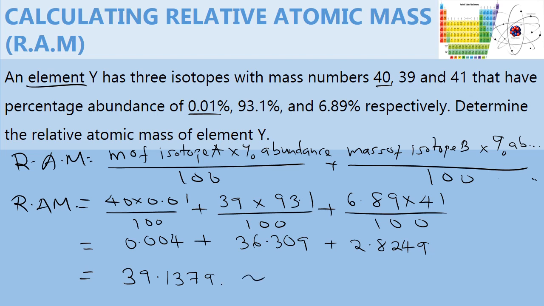On average, we could say it is 39.14, correct to 4 significant figures. Pretty easy, right? Yes. Can you check the periodic table and try to search for the element with relative atomic mass of 39.14 or closer?